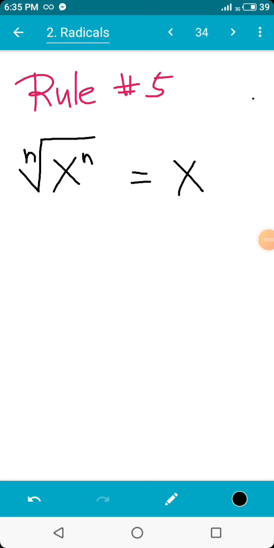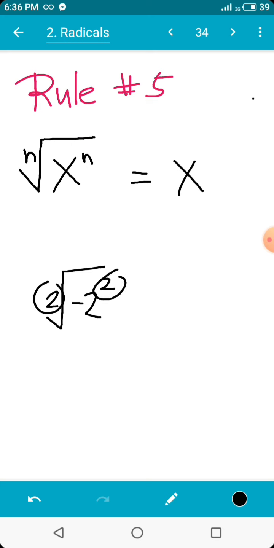Okay, guys. So, regarding sa rule number 5, let's say we have a square root of negative 2 squared. Di ba same naman sila? Pero, kung ang radicand nyo ay negative, hindi mag-a-apply yung rule number 5. Kasi, ang magiging sagot dito ay square root of positive 4.